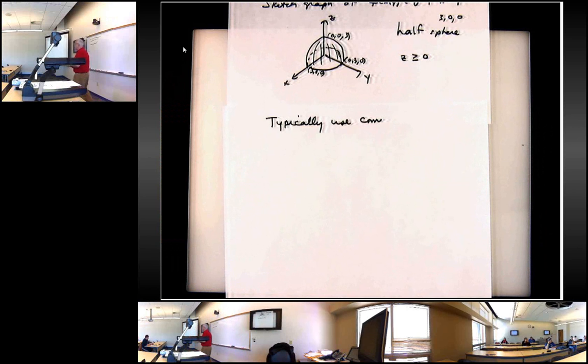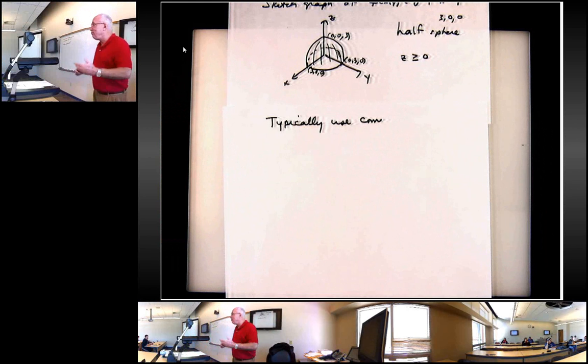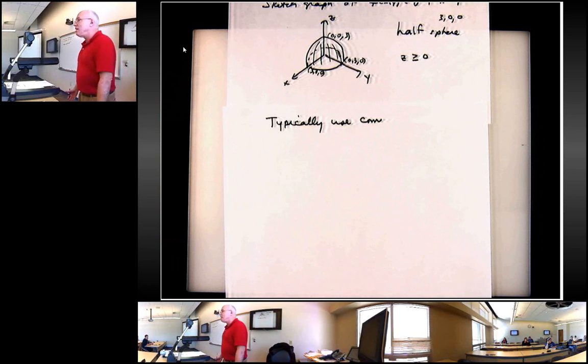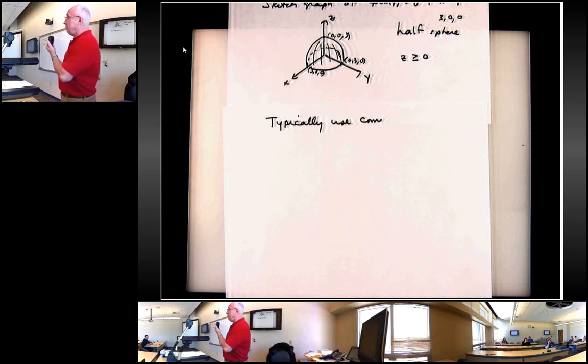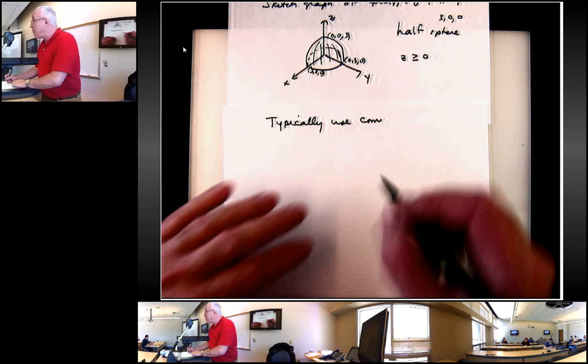Really, a free app on an iPhone will do 3D graphs for you. So no reason not to be able to do a 3D graph unless you have a stupid phone.